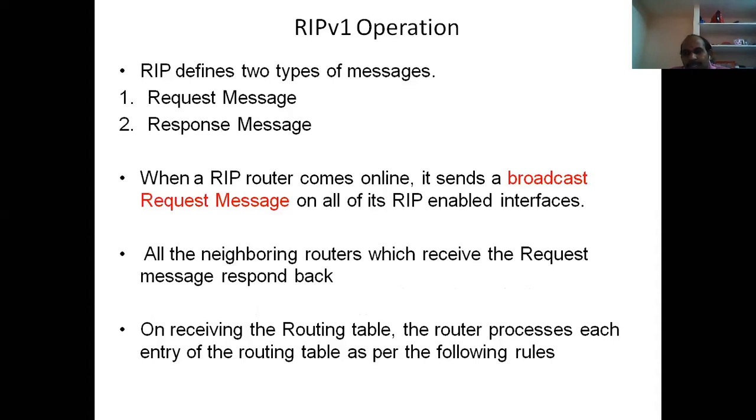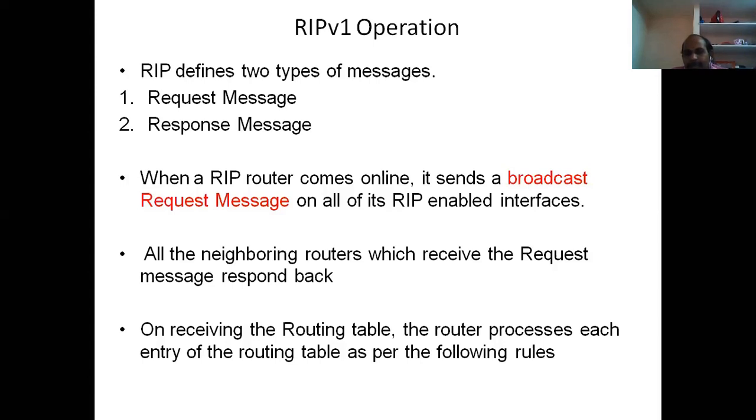Each router broadcasts request messages to all the intermediate devices, and they learn the information about the neighboring routers that sent requests. All the routers update their routing tables, and this routing table is passed over to the intermediate routers.